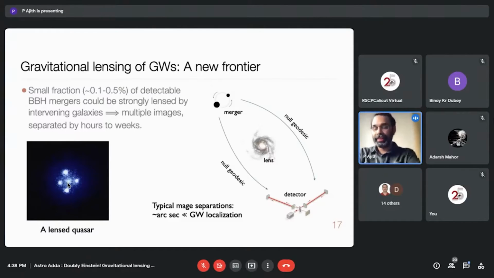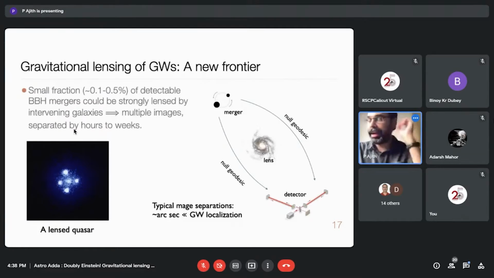So one interesting difference here is that the gravitational wave signals from compact binaries are transient signals. They last in the detector only for maybe a second or a fraction of a second, up to a few seconds. This is very different from, for example, light from a quasar, which is there for a very, very long time.